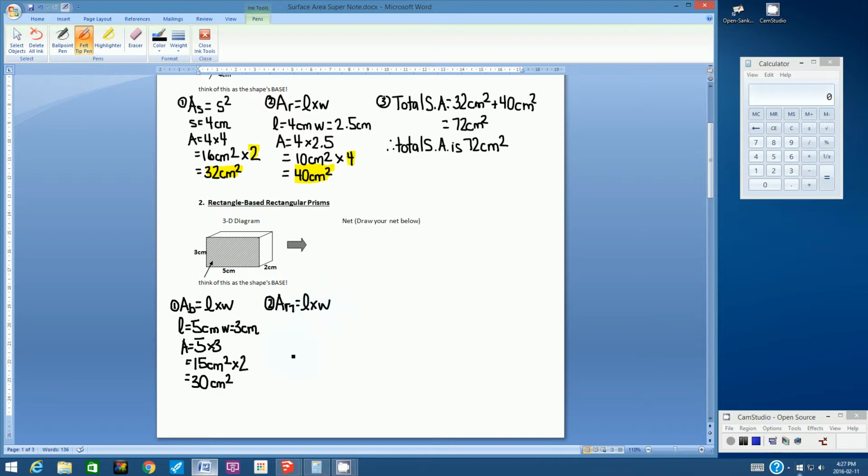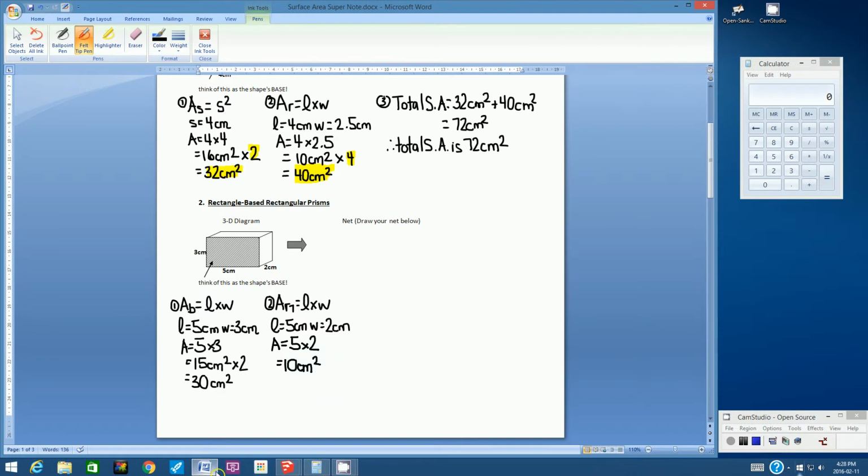We said the dimensions were 5 by 2. So the longer side is 5 centimeters. That's our length. And the shorter side is 2 centimeters. That's our width. If we substitute it back into the formula, we get area equals 5 times 2 equals 10 centimeters squared.